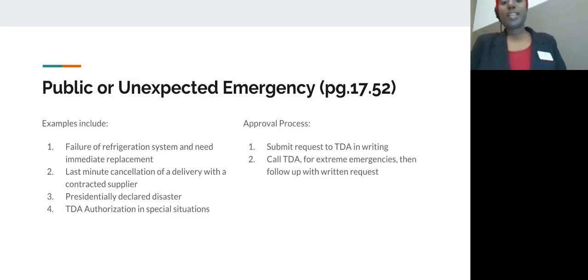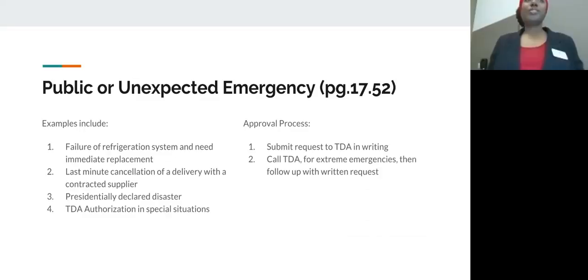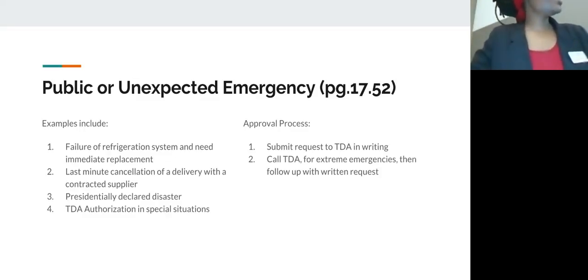Okay, so public or unexpected emergencies, primarily for emergencies, and this can be, I mean, anything under the sun. We can go in many different directions when it comes to emergencies, but these are just a few examples.